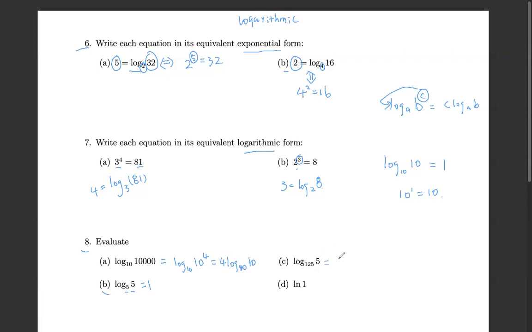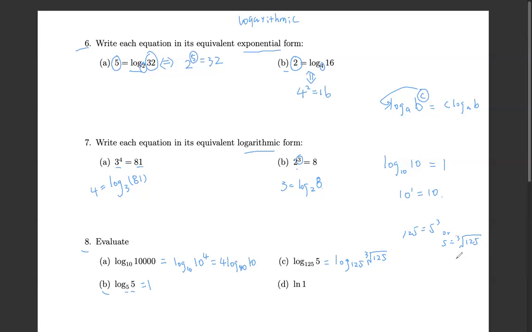Let's see C. C is log base 125 of 5, right? We can do this in 2 ways, so I'll explain the 2 ways. One way is we can think of 5 as the cube root of 125, because 125 is 5 cubed. 125 equals 5 cubed, or 5 equals the cube root of 125.